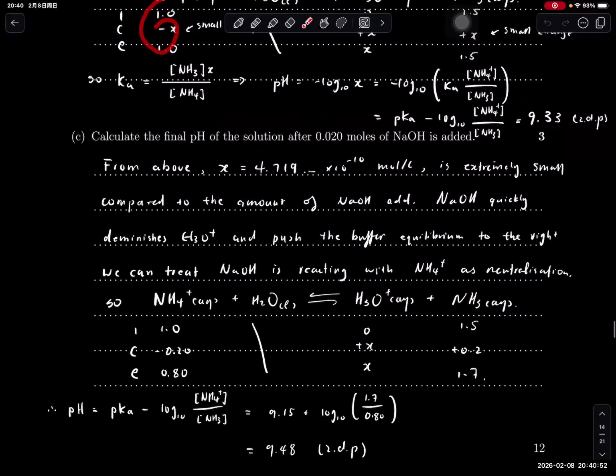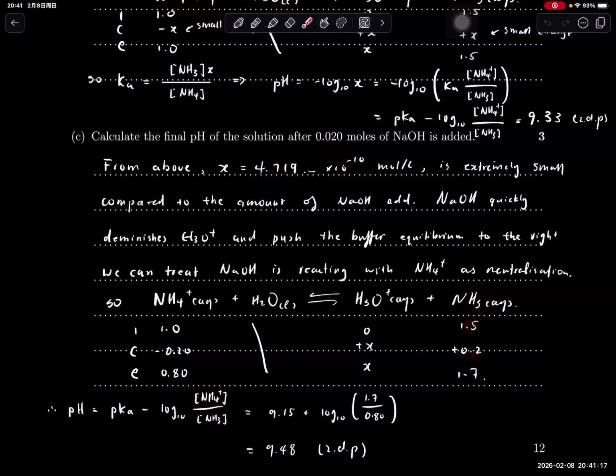So in your IC table, 1.0 is your initial concentration, take out 0.2, neutralization goes to completion, and then it becomes 0.8. It shouldn't be 0, it should be something like this, but it's too small, so let's just assume it to be 0. Same thing, if that has neutralized this much, you will produce your conjugate base by this much.